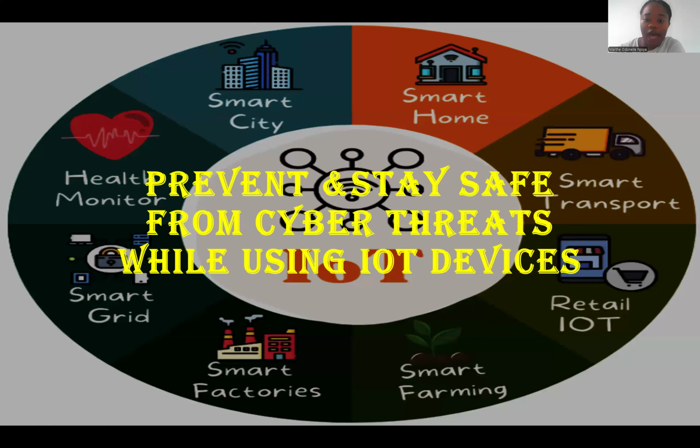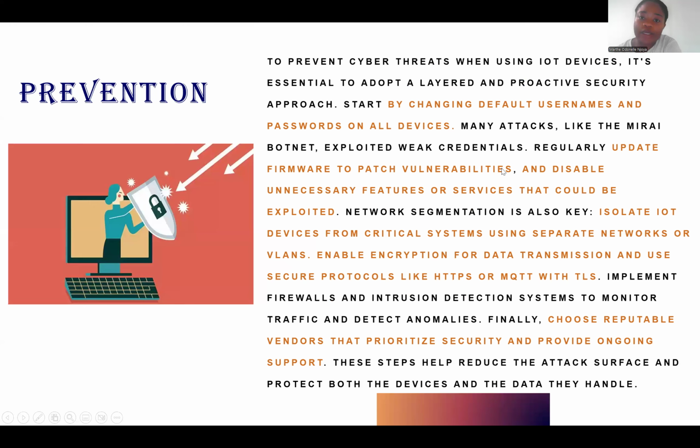Okay, so how to prevent and stay safe from cyber threats while using IoT devices? To prevent cyber threats when using IoT devices, it is essential to adopt a layered and proactive security approach. The first one would be starting by changing default usernames and passwords on all devices. Many attackers like the Mirai botnet exploit weak credentials regularly.